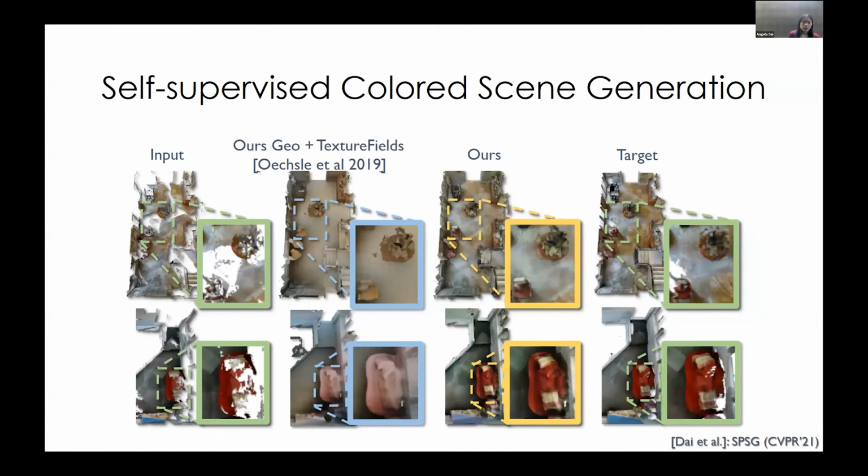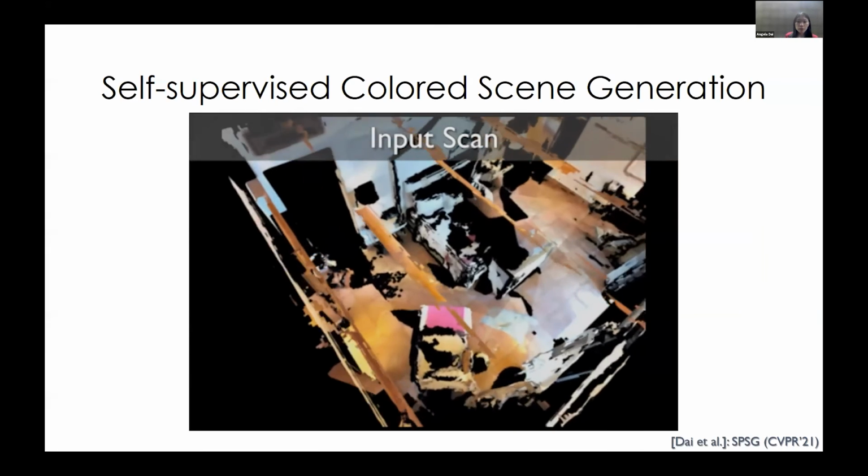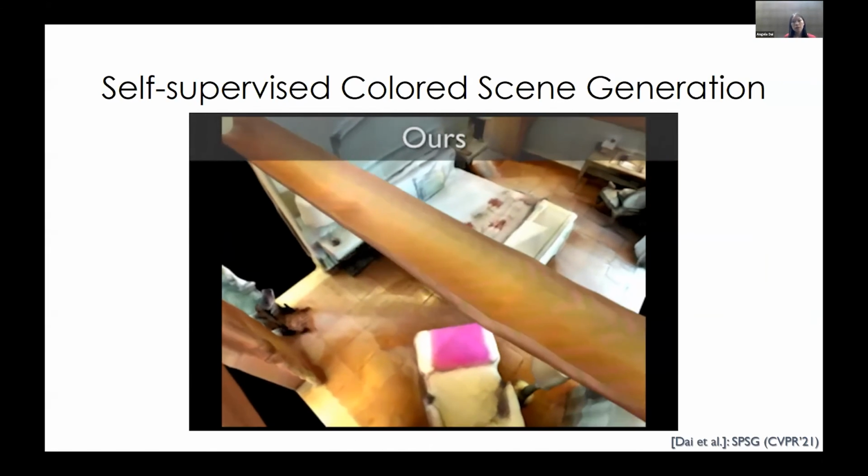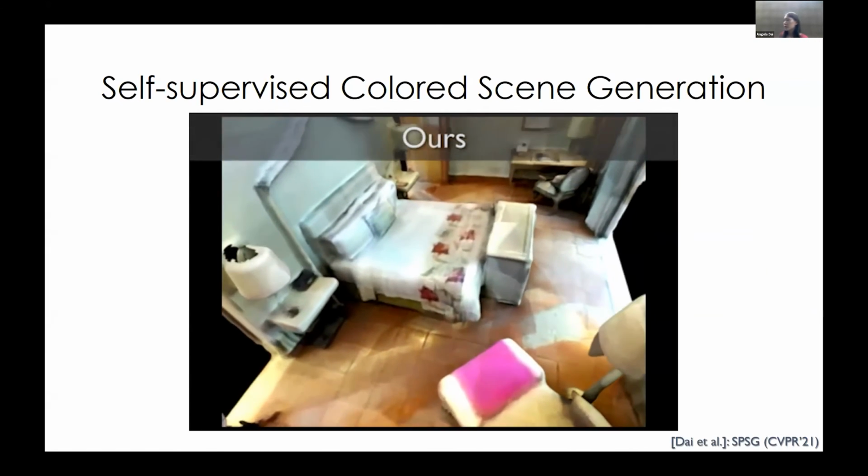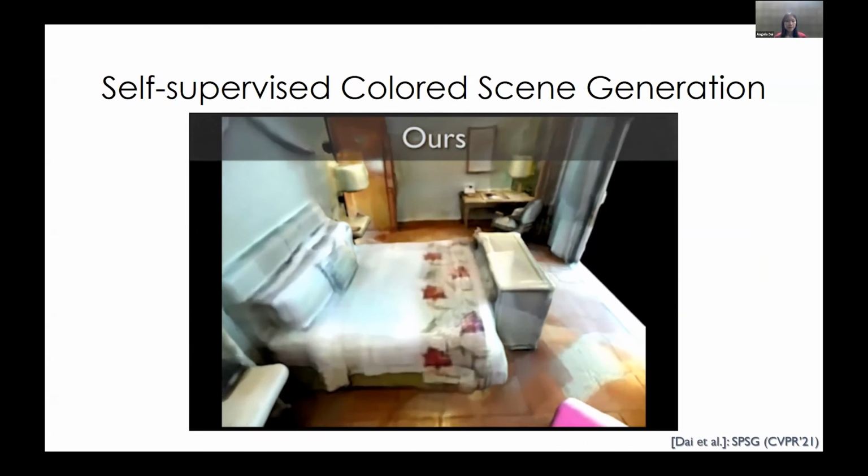So here you can see some of the comparisons qualitatively where we can get back some of the color distribution and details in the scene. Of course, it is still at a 2 centimeter voxel resolution, so that's not quite photorealistic, but we do get a nice colored structure of what's being observed here in the environments.